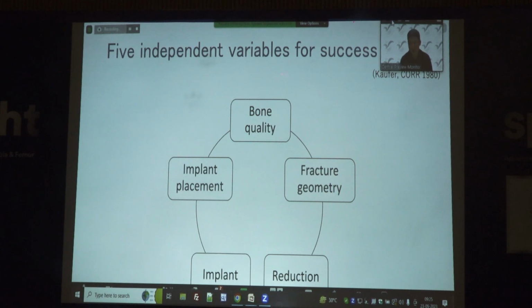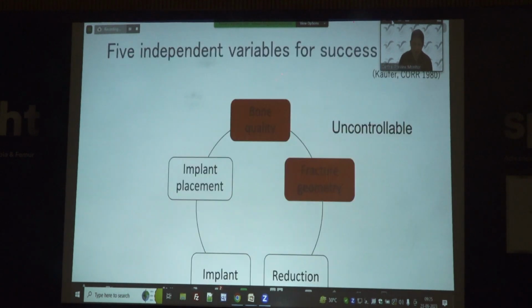Cordey, back in 1980, almost 50 years ago, described the 5 independent variables for successful IT fracture fixation. And the bone quality and fracture geometry, unfortunately, you cannot control those 2 factors.